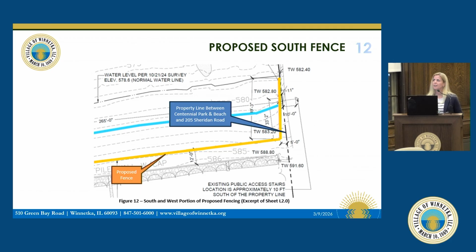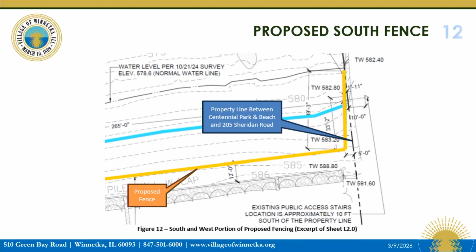Now, on the southern end of the fencing, at the west end, if you will, the fence would be set back 5 feet from the south property line. And due to the angle of the existing steel groin upon which the proposed fence would be mounted, in relation to the south property line, the distance between the proposed fence and the south property line would narrow from the 5 feet at the west end until it meets the south property line and the fence then ends.